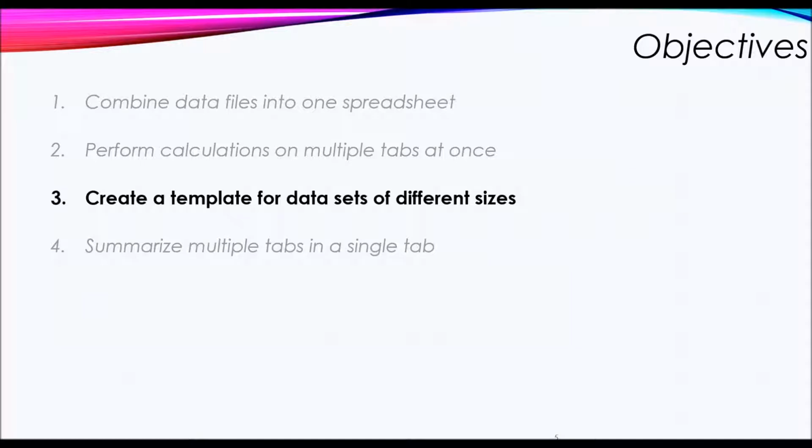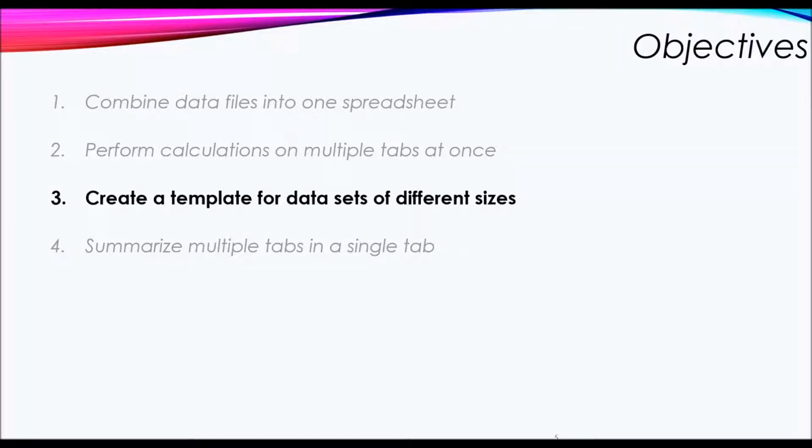Alright, so what I just showed you is how to perform multiple calculations on different tabs all at one time. However, there's an issue with this because sometimes the data sets that you've got have different sizes. And so if, for instance, your data set involved twice as many rows of data, then this calculation wouldn't work because you're not highlighting the same range of cells.